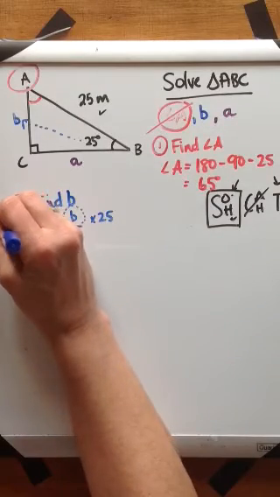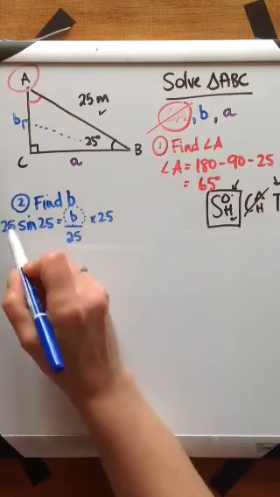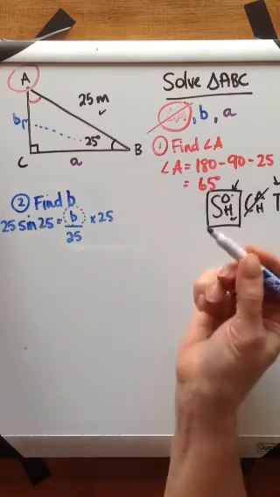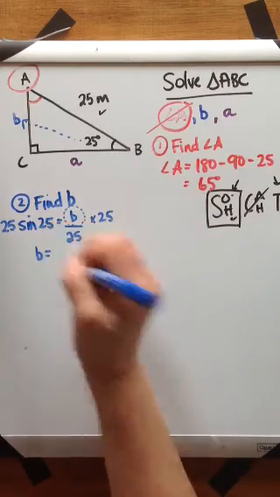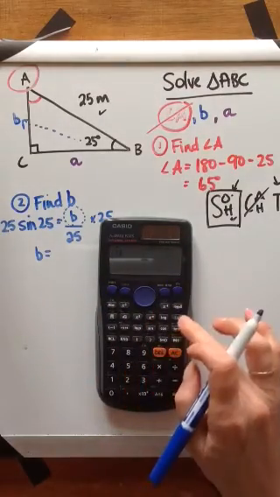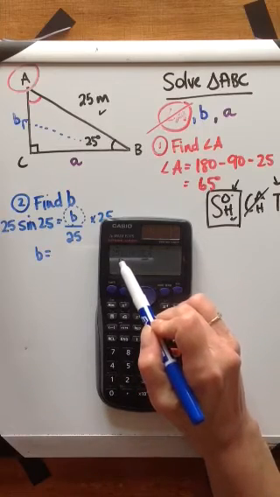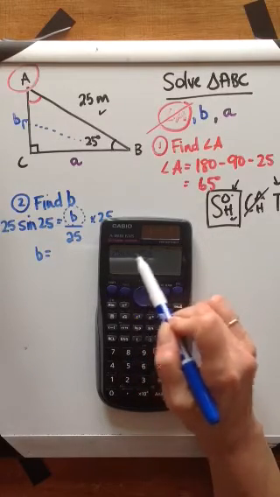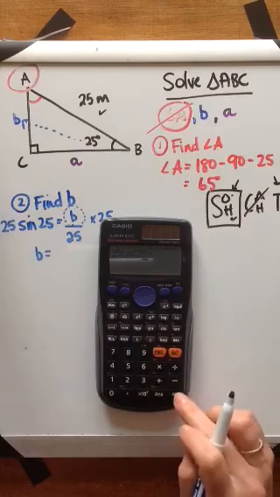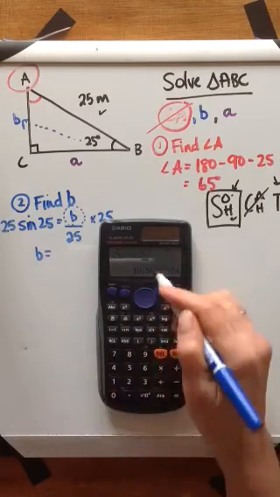And remember that if you put the 25 out here, it's a lot less work writing-wise, and it means 25 times sine 25. So b is going to be equal to exactly that, 25 sine 25. And again, your calculator might require a times in there, it might not. Play and find out so you know in advance. Mine doesn't. And I get 10.56.